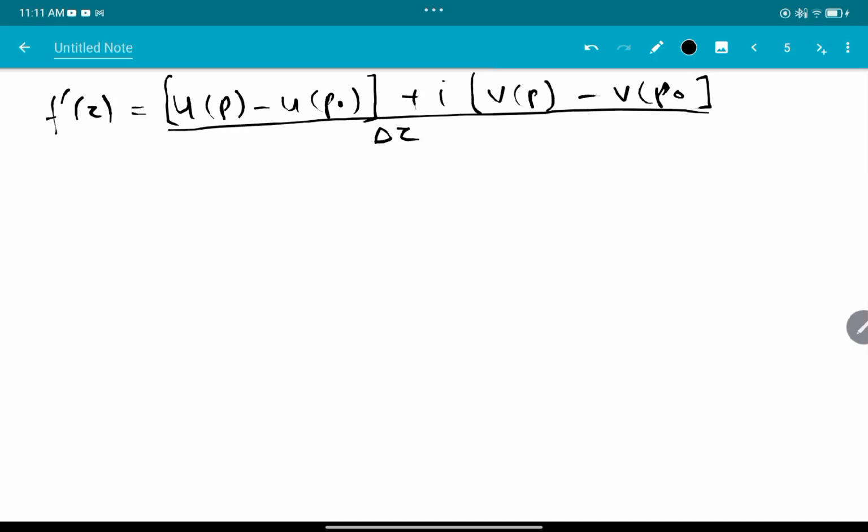I'm sorry, I forgot to write this limit: limit delta z tends to 0. Okay, now f dash z.